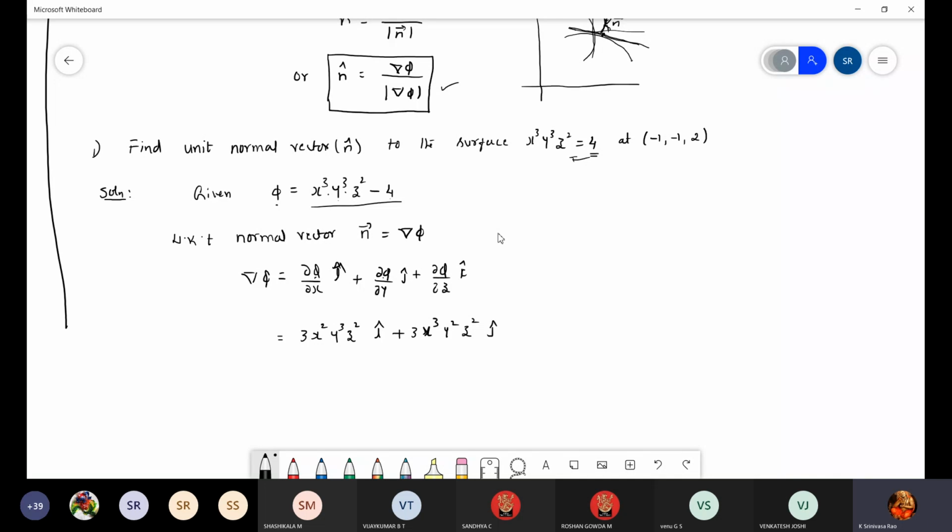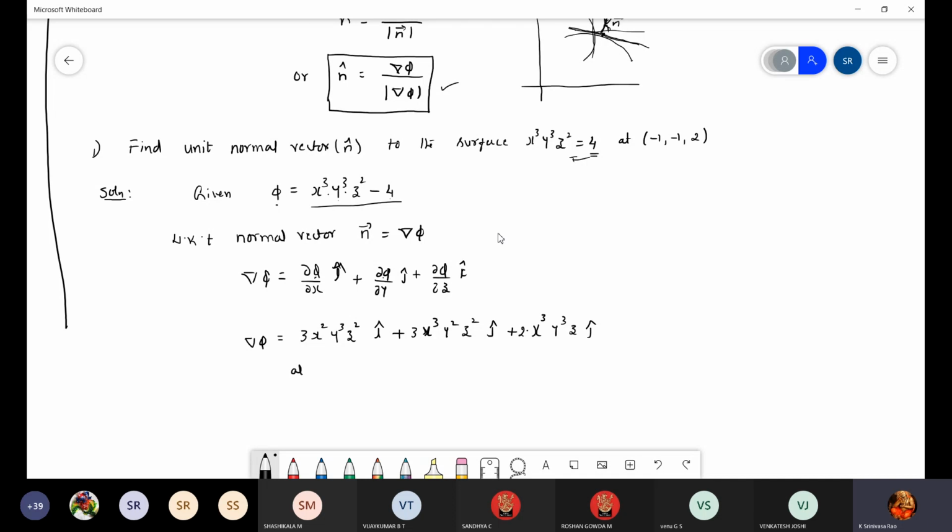Minus 4 is 0 with respect to x, y and z. Plus the last one with respect to z: x cube as it is, y cube also as it is, z square differentiation is 2 times z. You can follow your own way of solving. I will not force you to write in the same way. Simplification is left to you, but the answer should be correct and unique. This is grad phi.